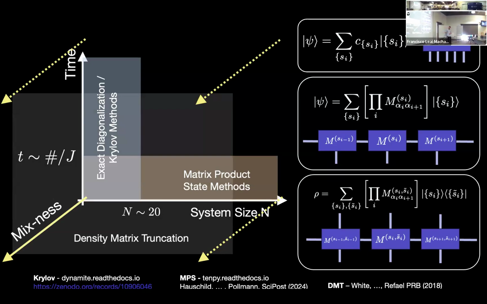The tool that I'll just briefly mention is this density matrix truncation that allows you to perform computation on these kinds of operators. It allows you to look at the dynamics in these models. So I just want to flesh in and highlight these different perspectives before jumping into the rest of my talk.